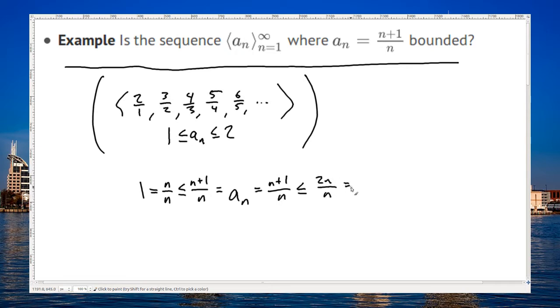And of course I can cancel n's on top and bottom to get 2. And there's my proof that a sub n is trapped between 1 and 2. Since a sub n is between 1 and 2, the sequence of a sub n's is bounded.